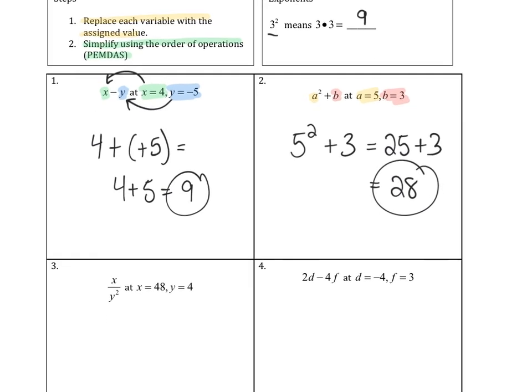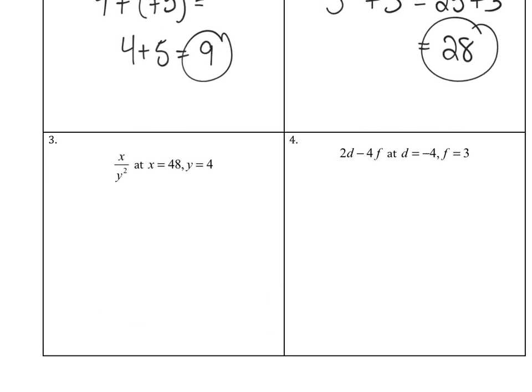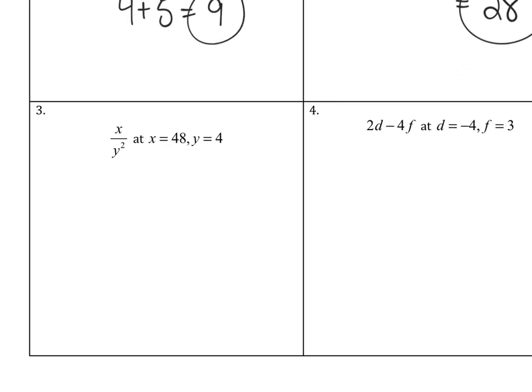Let's look at a couple more examples down here. At the bottom of your page, you have these last couple examples where they add in a couple more different operations. So in this next example, we have that x is 48 and x is on top here. And we have that y is 4 and y is on the bottom there. So if I plug that information in, I have 48 divided by, that fraction symbol means divided by, 4 squared.